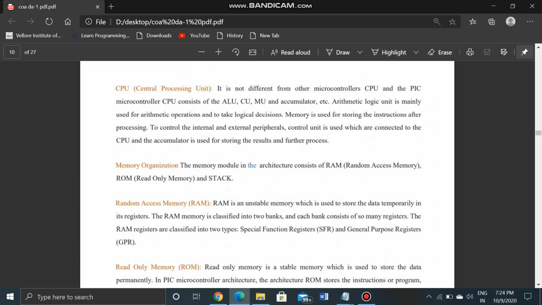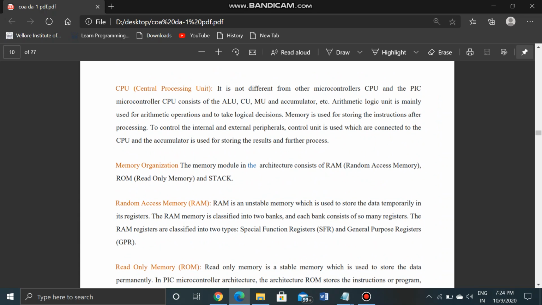It performs the tasks and gives instructions to the input ports and output ports. The ALU is the arithmetic logic unit. It controls the internal and external peripherals, and the control unit is connected to the CPU, and the accumulator is used for storing results for future processes.